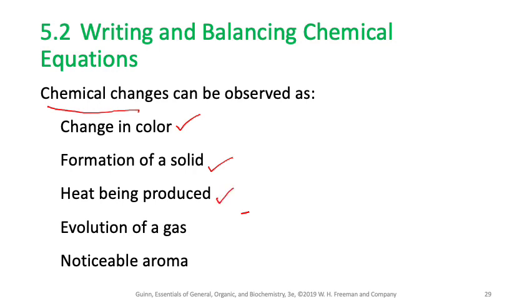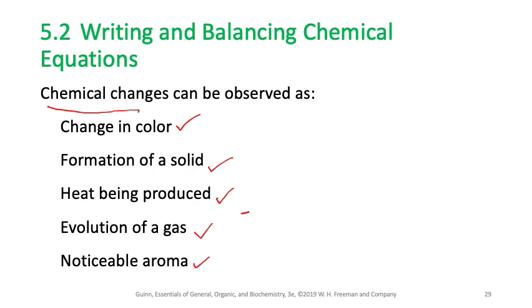If heat is being produced during the mixing or during the reaction, or if there is an evolution of a gas, if you see bubbles coming out after mixing two liquids, that means some chemical change is happening in there. And last but not least is a noticeable aroma.